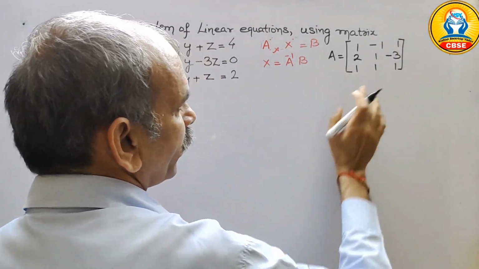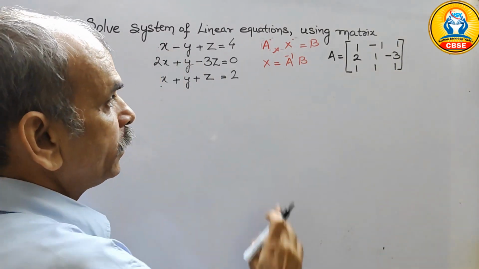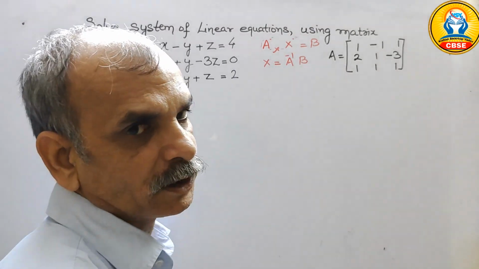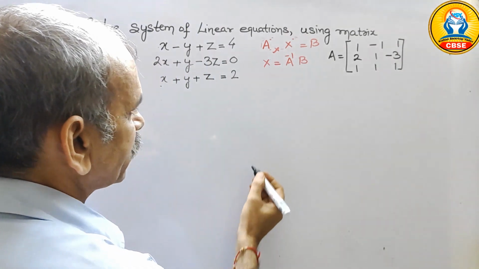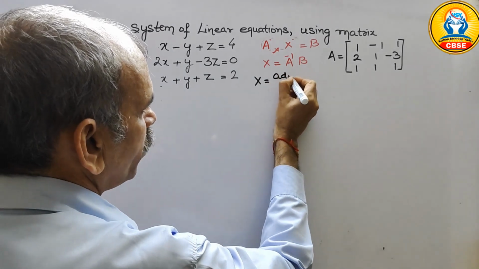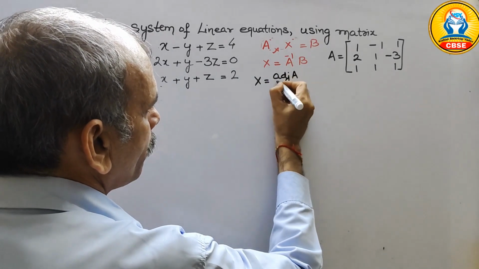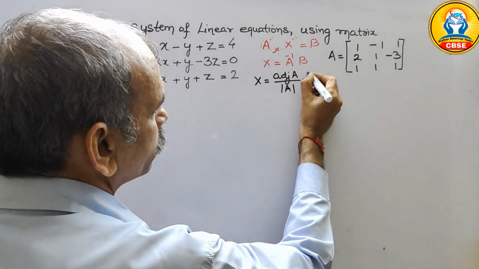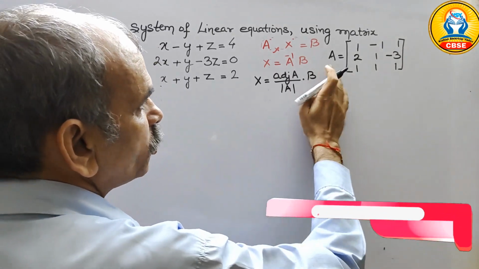So this is your A. Here we will write the value of A inverse. We know that x is equal to adjoint A by determinant of A into B. So this is your A.